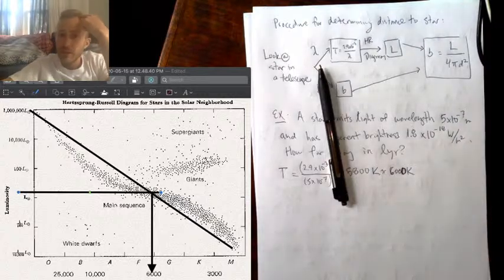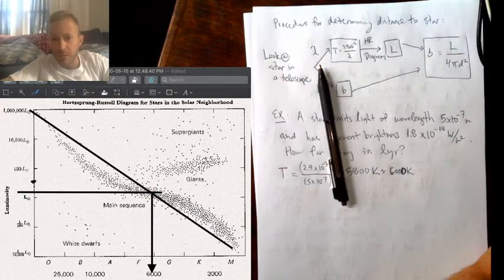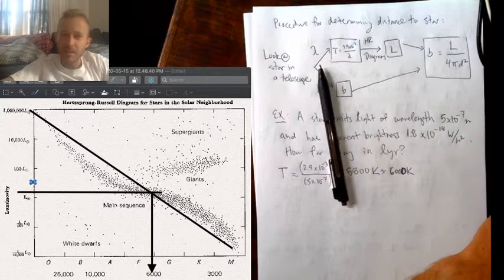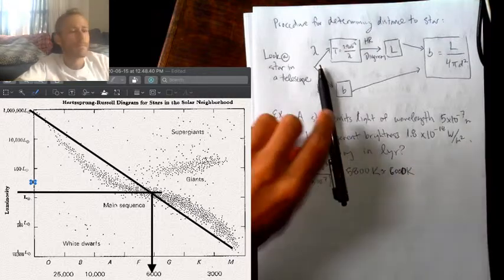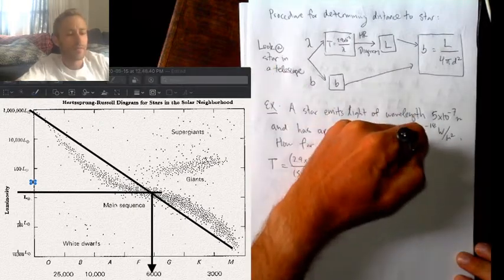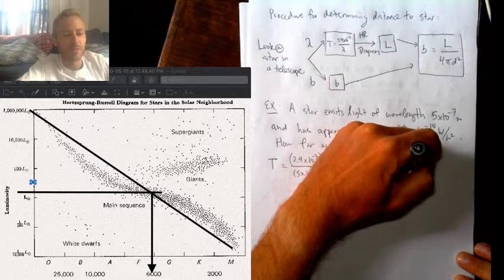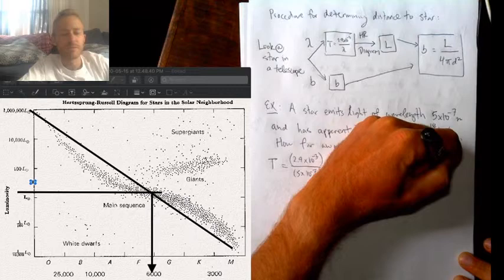Now you have to remember that this is a logarithmic scale. So halfway, if one tick mark is times 100, then halfway is times 10. So this is somewhere between one solar luminosity and 10. So I'm going to approximate the luminosity. I'm going to say 3 solar luminosities.